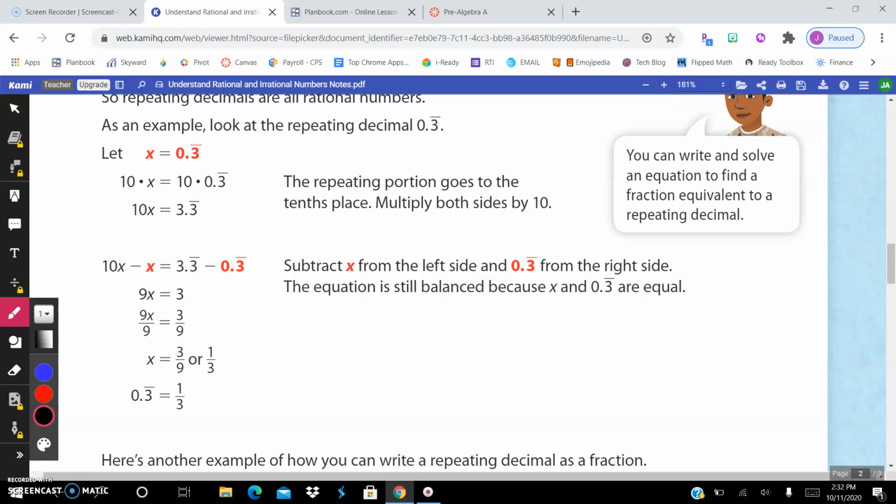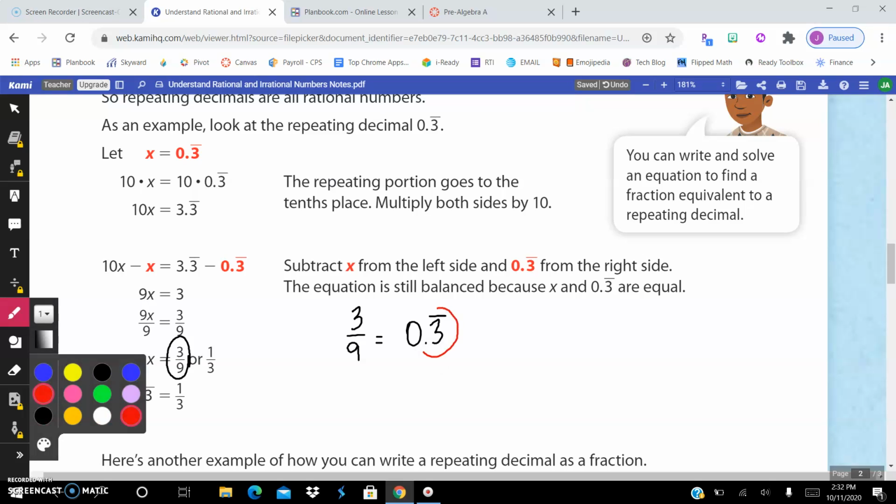So you could draw all that out, or you could look at right here, 3/9 is equal to 0.3 repeating.